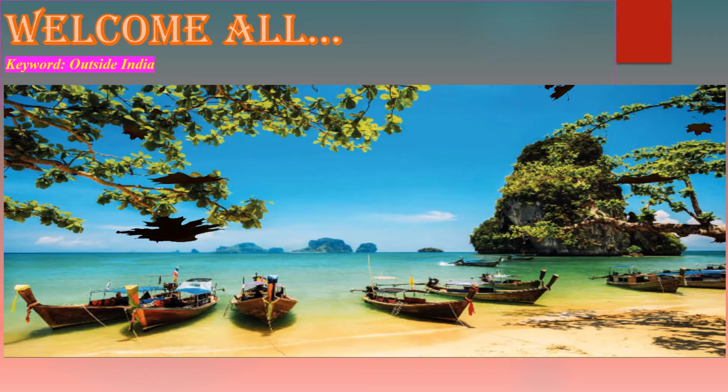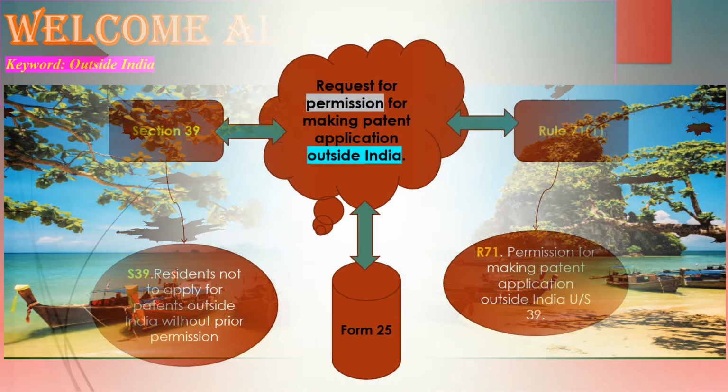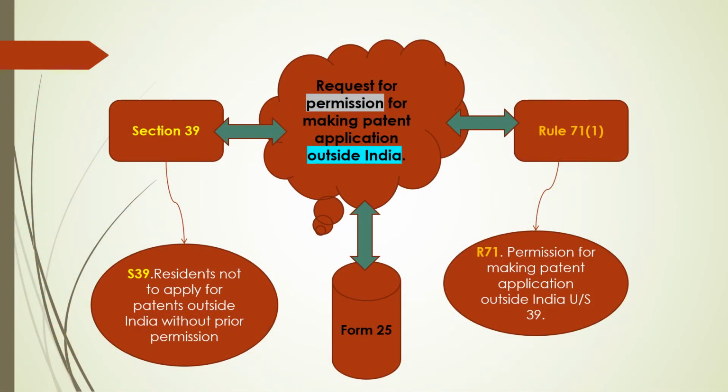Okay, let us proceed with this, because the keyword is outside India and the secondary keyword is permission. Form number 25. Relevant section is section 39 and rule is 71, specifically sub-rule 1.